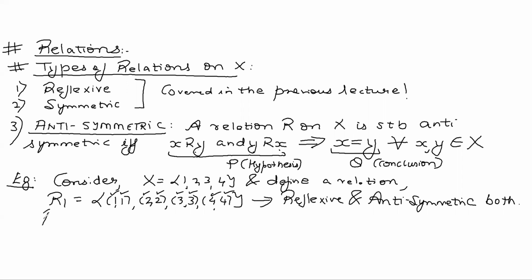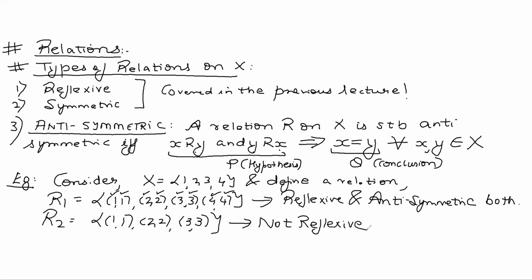But guys, if I consider another relation, if I consider only this, is it reflexive? No, not reflexive. Why? Because (4,4) does not belong to R2. But is it anti-symmetric?